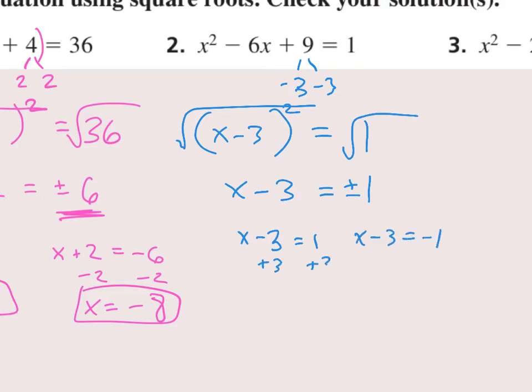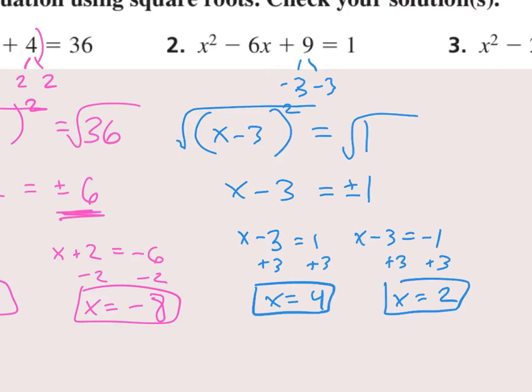Solve for x. So we add 3 on both sides. x is equal to 4. x is equal to 2. Any questions here?